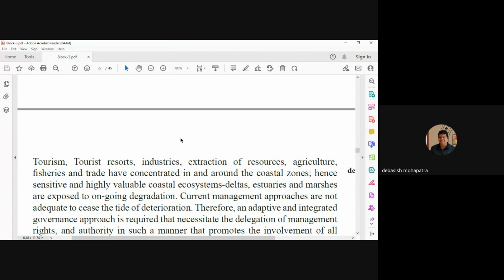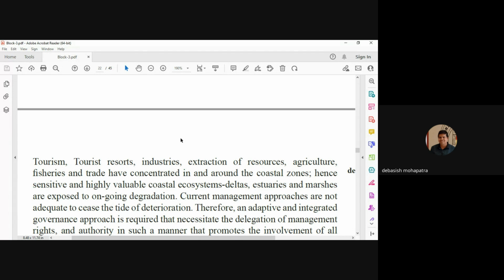Hence, sensitive and highly valuable coastal ecosystems, deltas, estuaries, and marshes are exposed to ongoing degradation. The current management approaches are not adequate to stem the tide of deterioration.